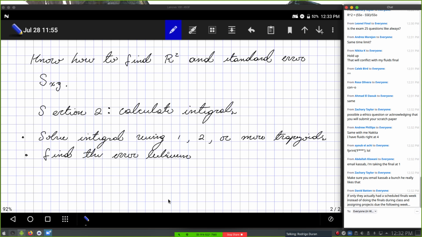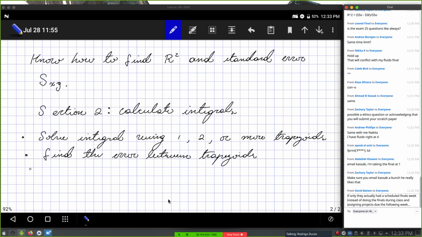What it means is, if you do your evaluation of the integral with two trapezoids and with one trapezoid, you have to find the error between using two trapezoids and one trapezoid. So again, a formula that you can find on the formula sheets.